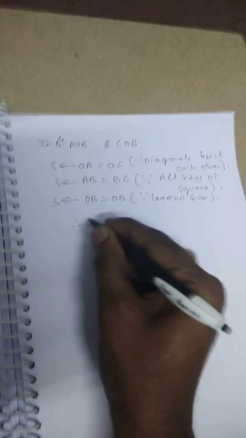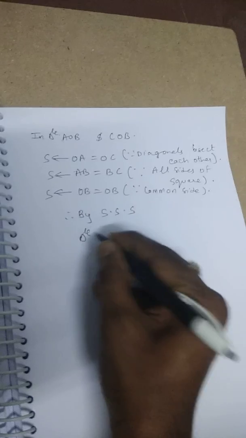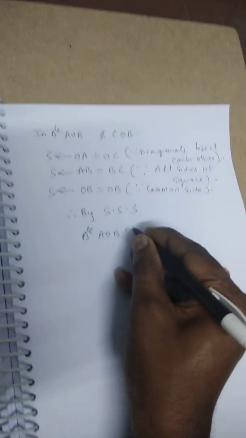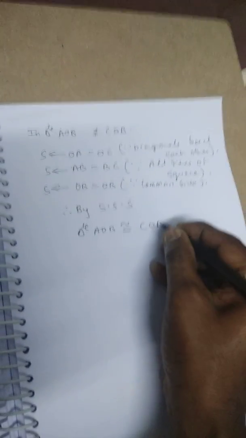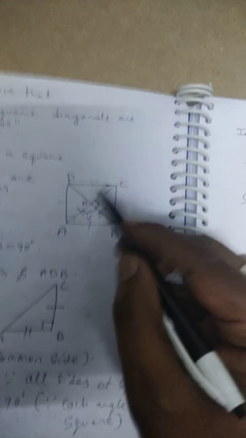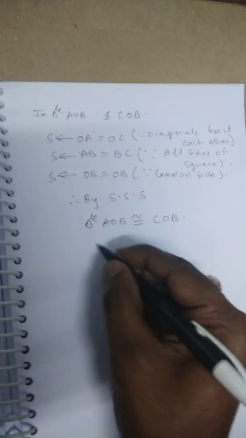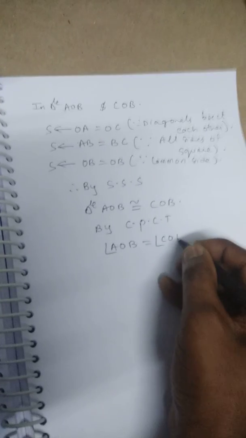Therefore, by SSS, I can say that triangle AOB is congruent to triangle COB. By CPCT, I can say that angle AOB is equal to angle COB.